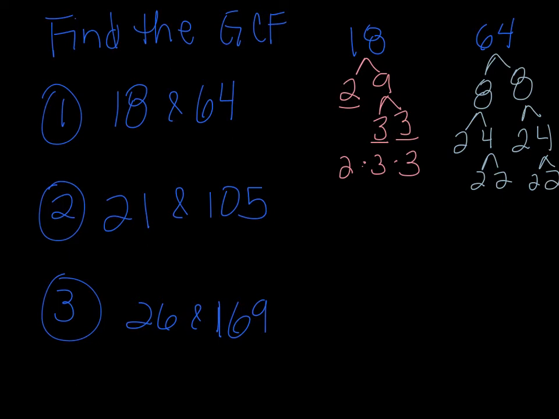So in total, we have 1, 2, 3, 4, 5, 6 2's. I'll write 2 to the 6th power. So all they have in common is a 2. So our GCF for 18 and 64 would equal 2. Try number 2 and 3 on your own.